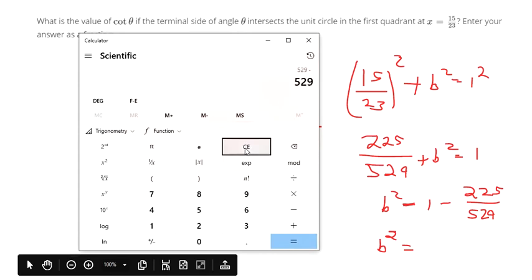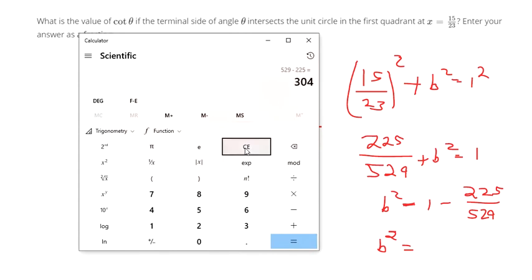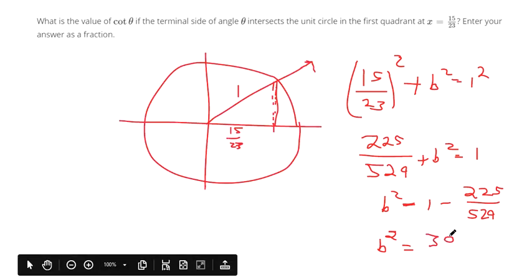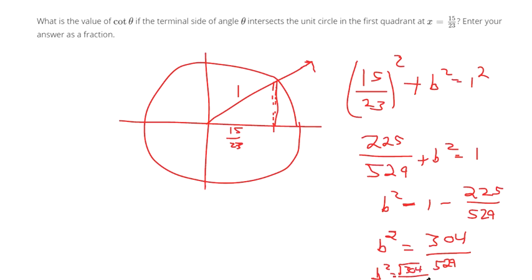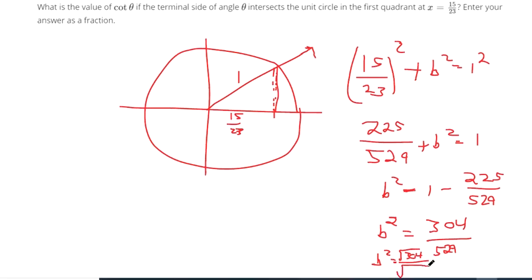That's what we transfer 1 into. So that's 304 over 529. But to simplify that fraction a bit more, b is going to be, I'm taking the square root of both sides.